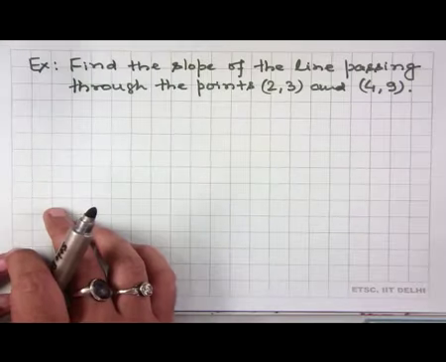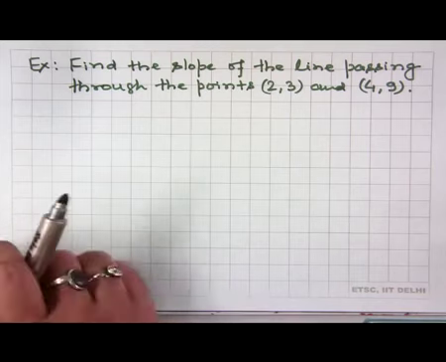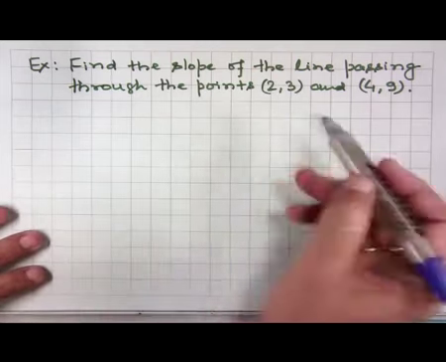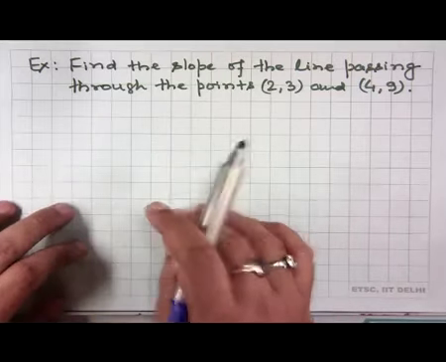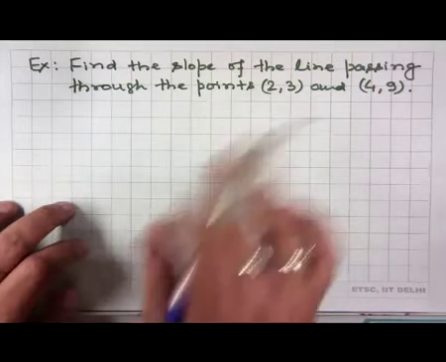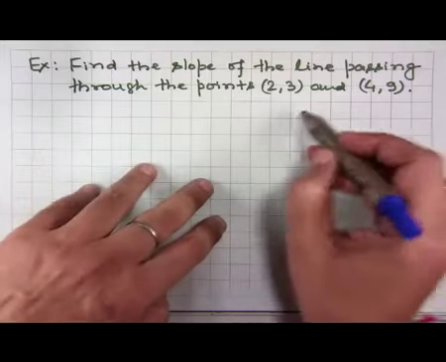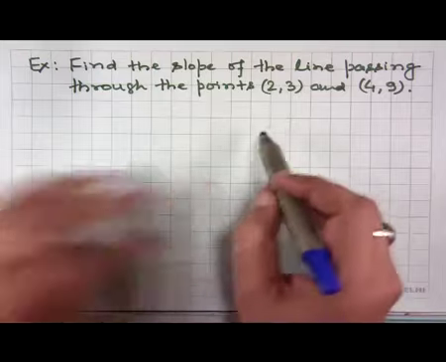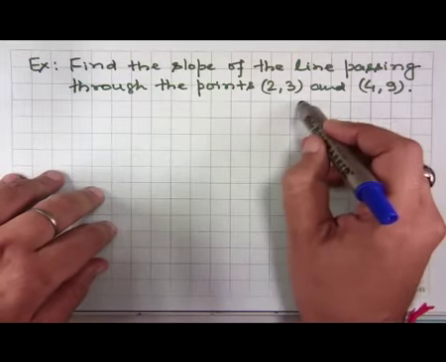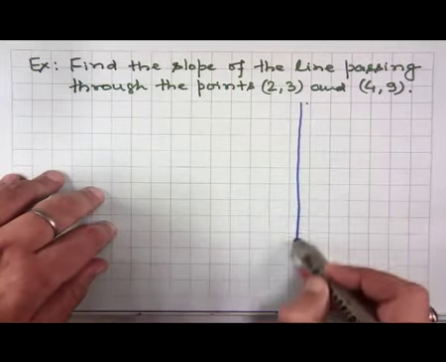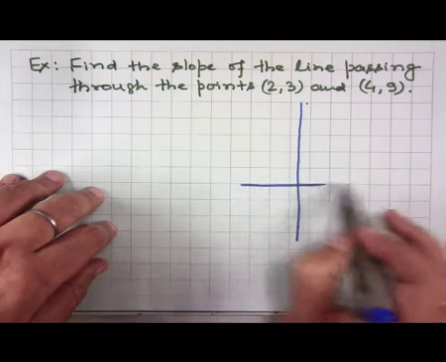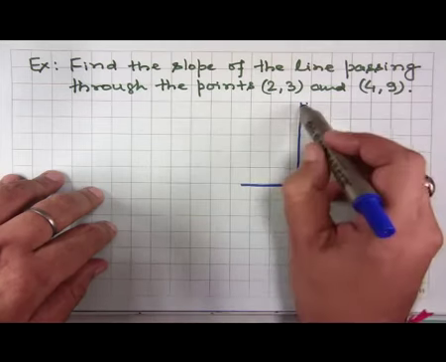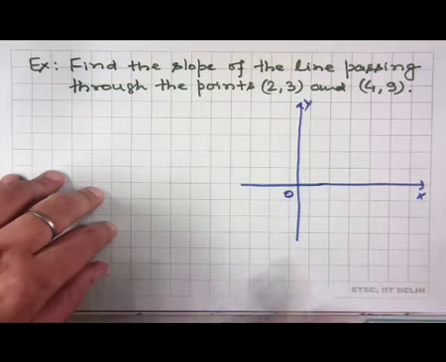Find the slope of the line passing through the points (2, 3) and (4, 9). We know that this line passes through 2 points (2, 3) and (4, 9). Say we just draw this is the x-axis, this is y, this is 0.